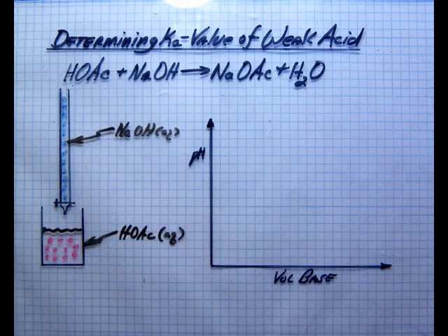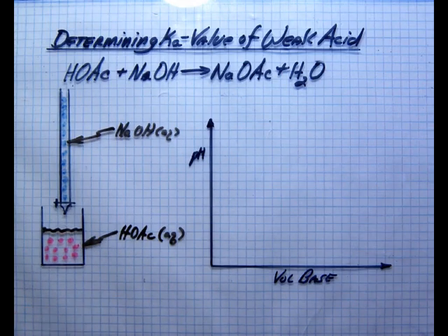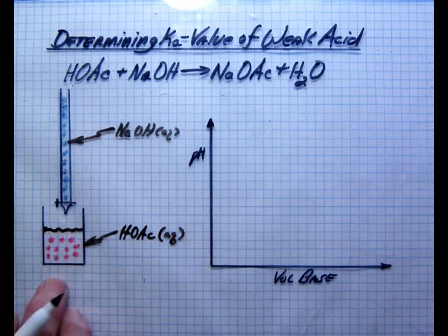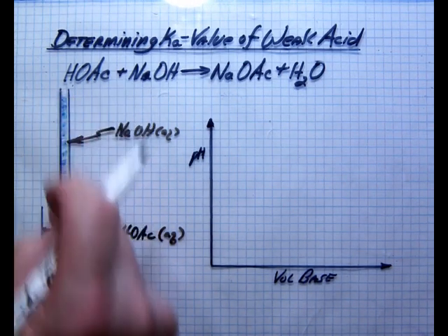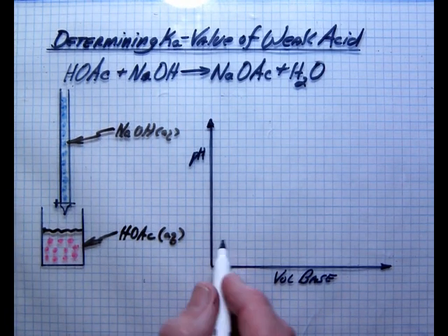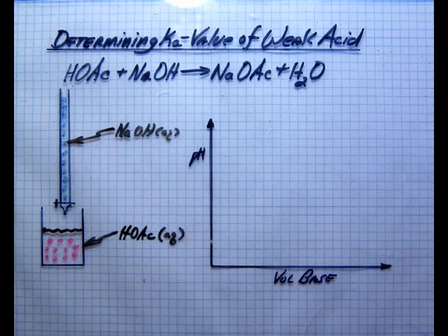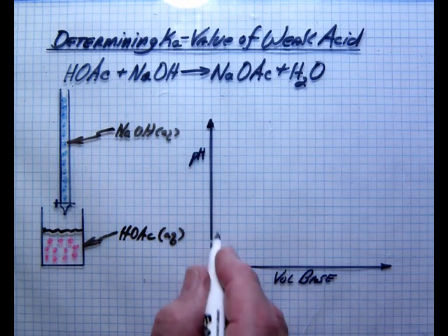Now, to understand how to use this approach, you need to understand that before we start titrating, the pH of the acetic acid runs about 3. Take that back. The pKa, the negative log of the Ka value, is 4.7. So 1, 2, 3.